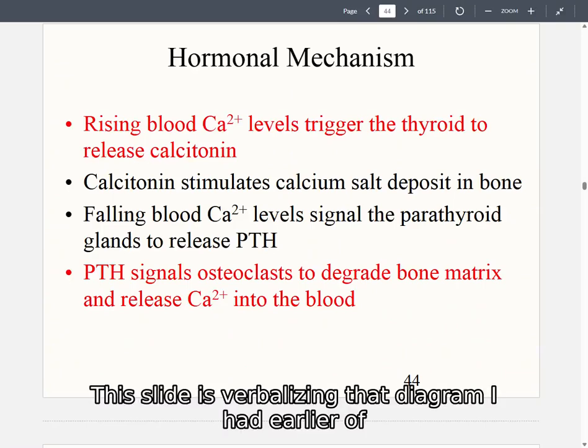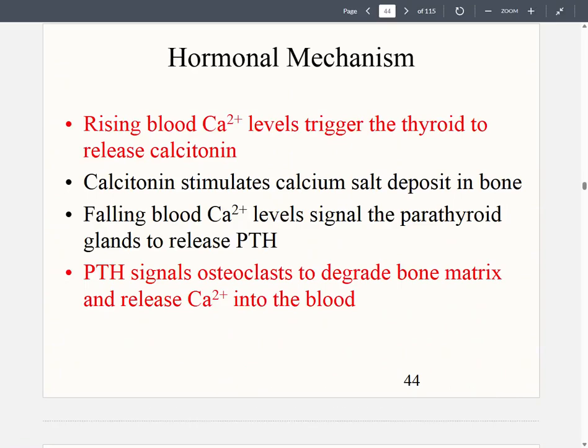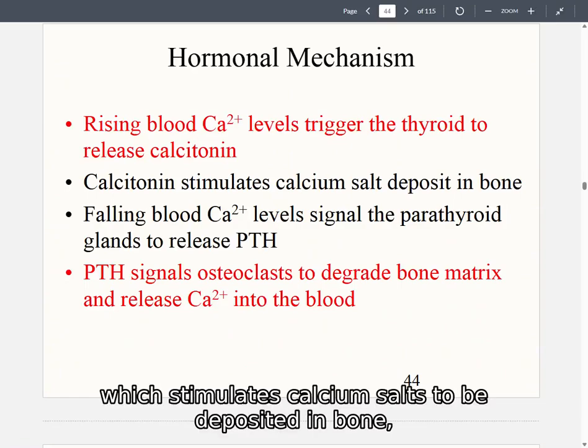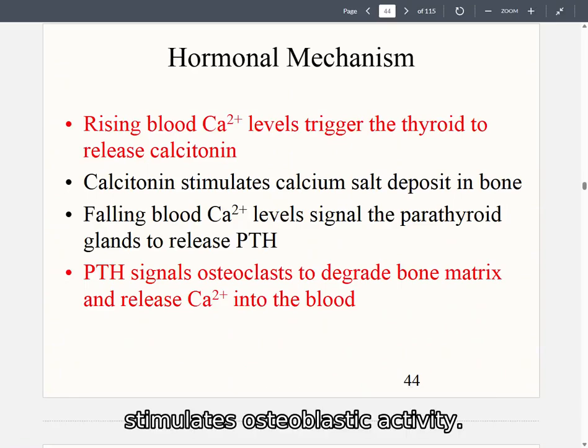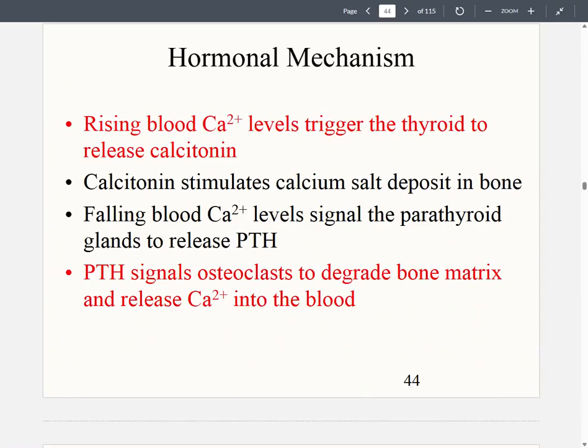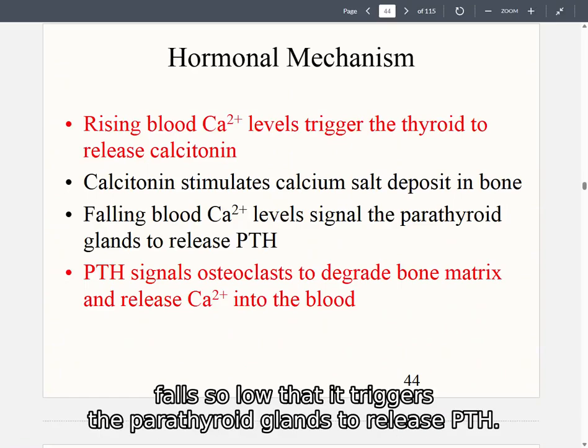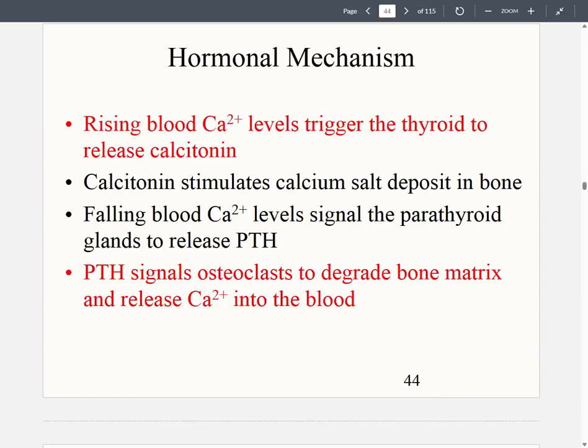This slide is verbalizing that diagram I had earlier of that negative feedback loop. Rising blood calcium levels trigger the thyroid to release calcitonin, which stimulates calcium salts to be deposited in bone, stimulates osteoblastic activity. This is going to cause the blood calcium to fall till it falls so low that it triggers the parathyroid glands to release PTH.